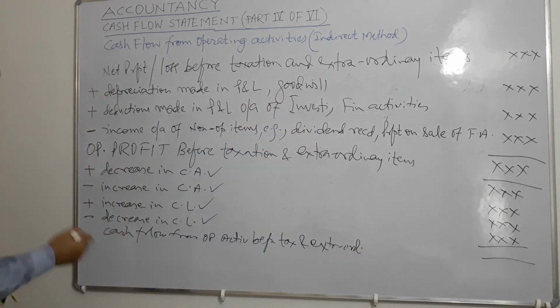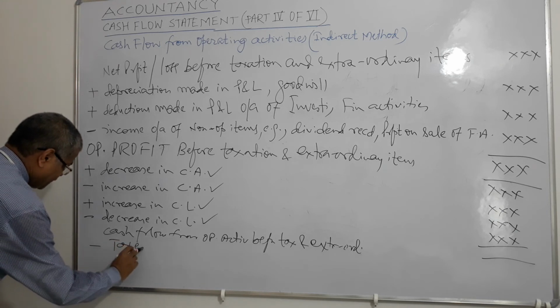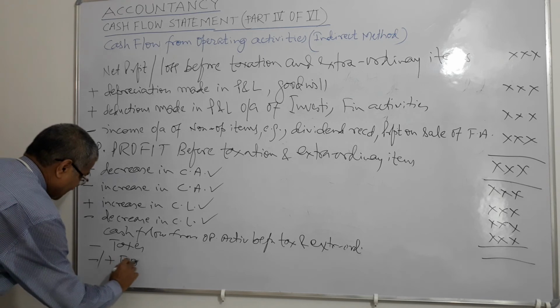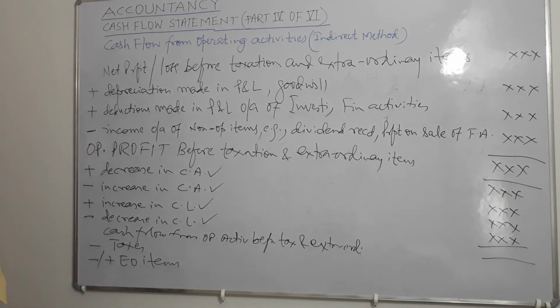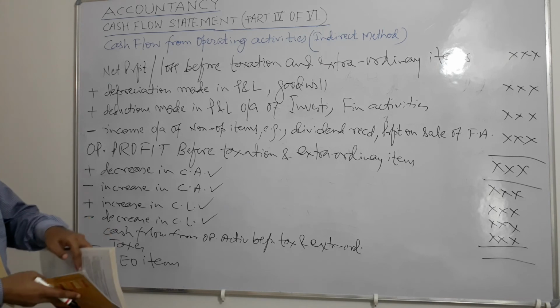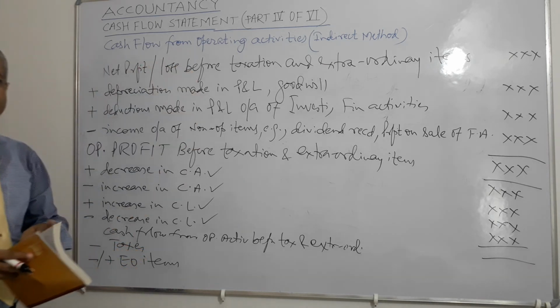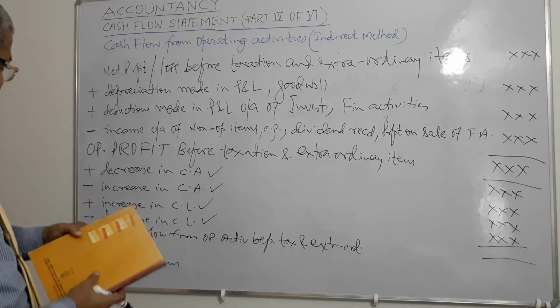Here we get, then we deduct taxes and plus or minus extraordinary items, and finally we get net cash flow from operating activities through indirect method, right? Net cash flow from operating activities.